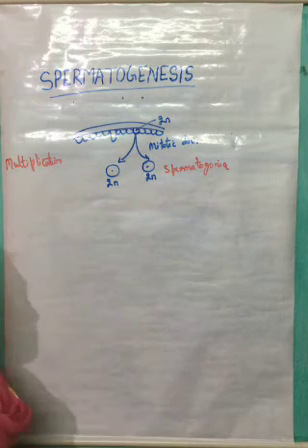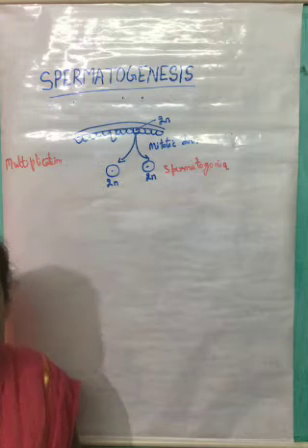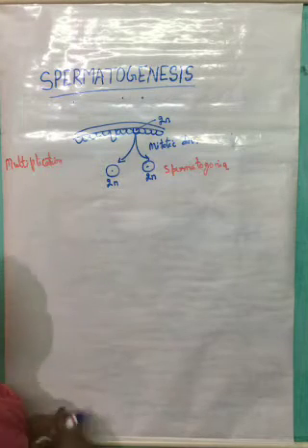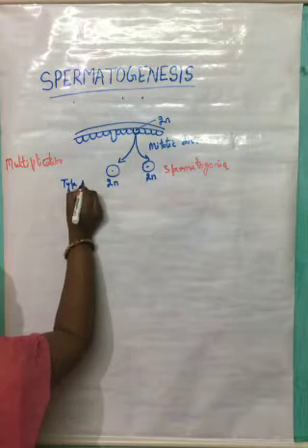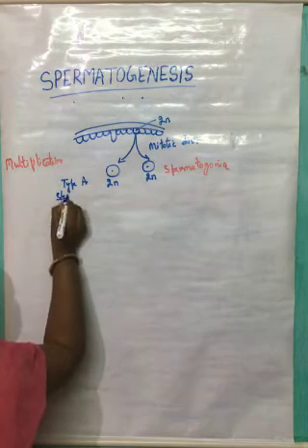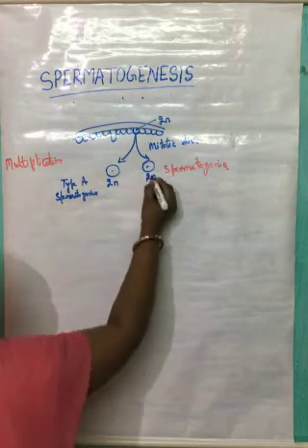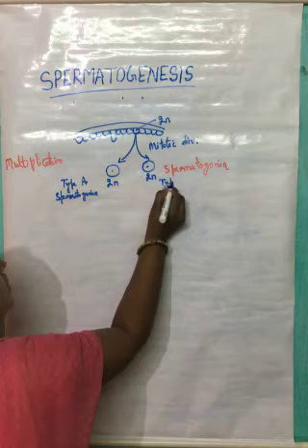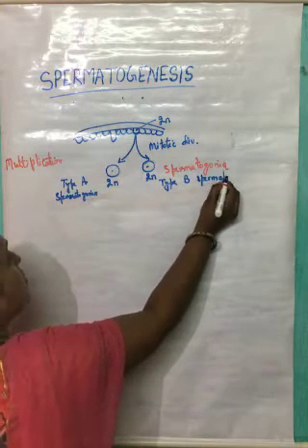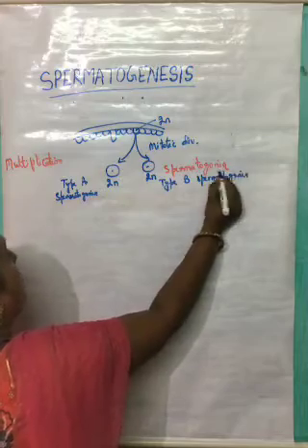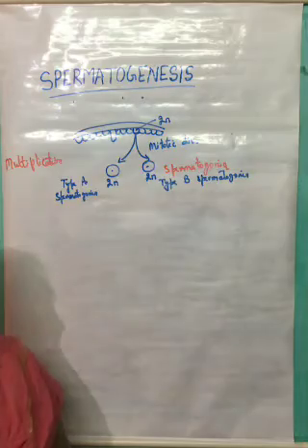Out of these two cells, they will act in two different ways. This cell will act as type A spermatogonia, and this will be considered as type B spermatogonia. Why we are discussing type A and type B, that we will discuss here.